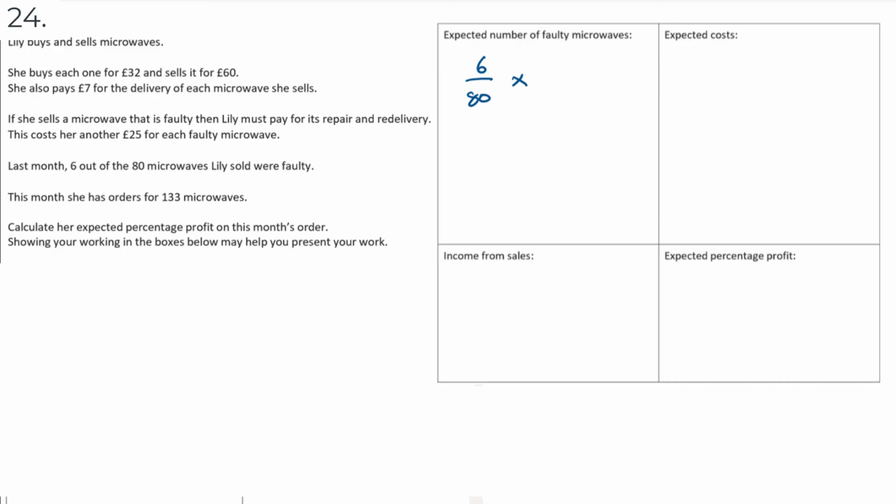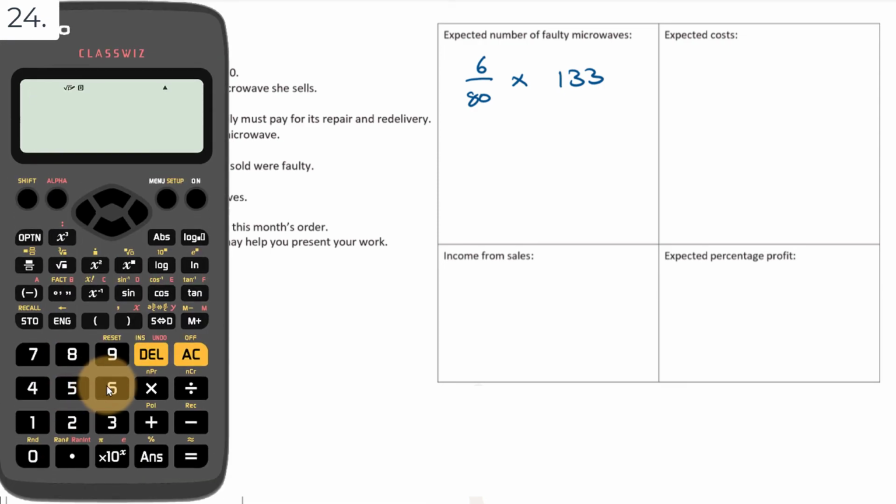This month she's sold 133, and I'm just going to use the same fraction as last month to get an estimate of how many I think are going to be faulty this time. So 6 divided by 80 and then times 133.